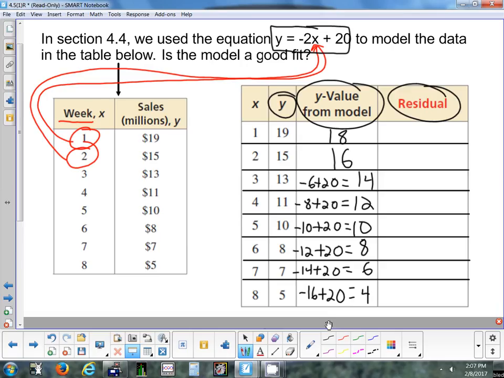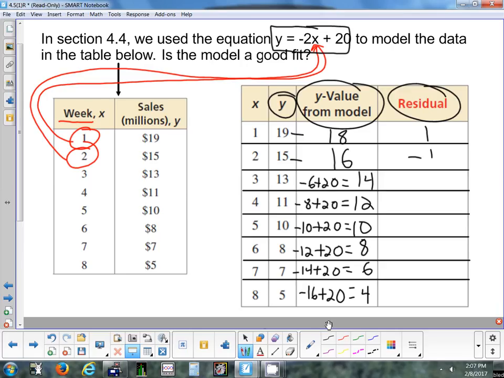What do your notes say to do to find the residual? Column what minus column what? Exactly. That's why we set it up this way. Just put a subtraction sign right there and just do it out. What's 19 minus 18? 1. What's 15 minus 16?